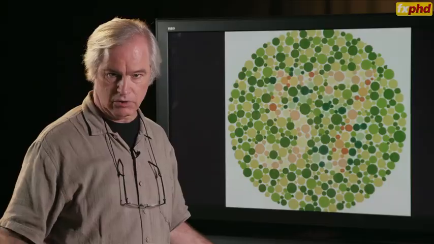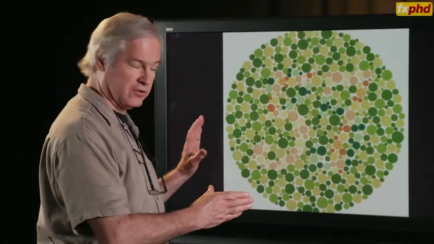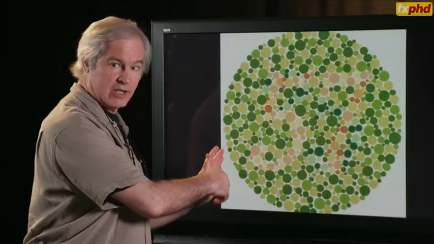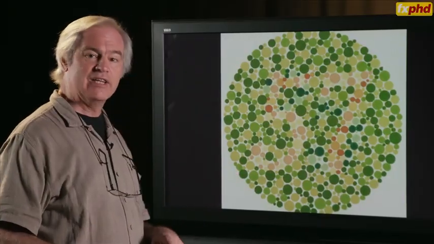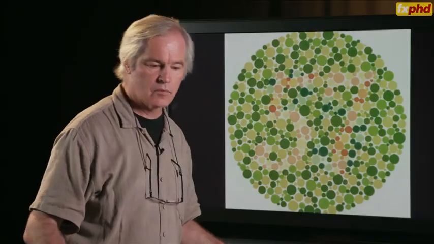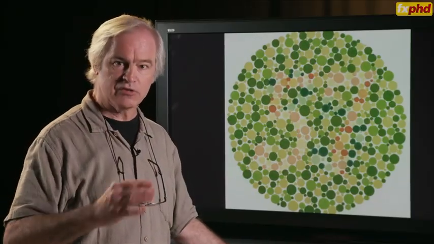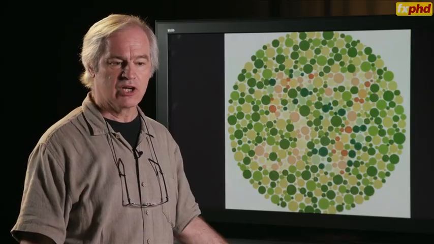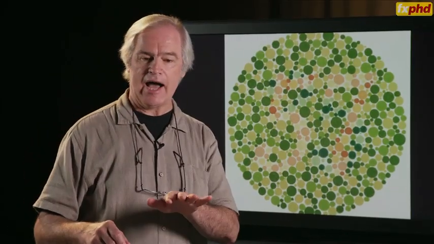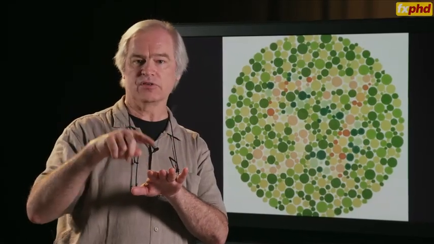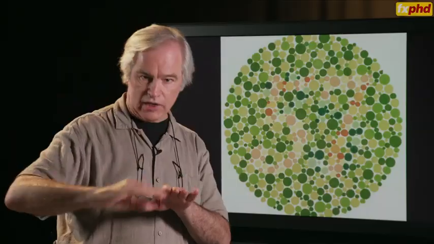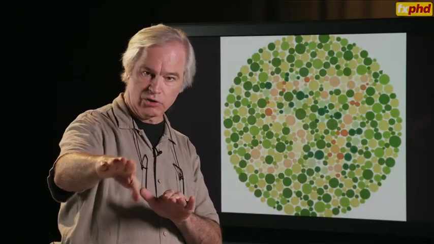And most of you will be able to look at this disk of what amounts to colored pebbles and see in it a number. Now, whether or not you can see that number is a function of how the spectral properties of those inks relate to the spectral properties of your vision.